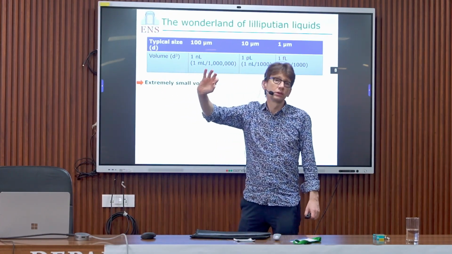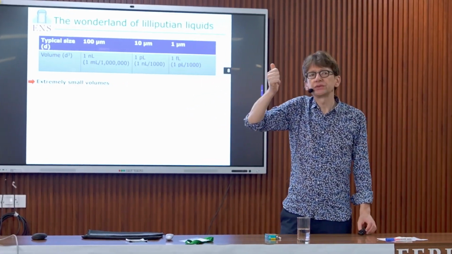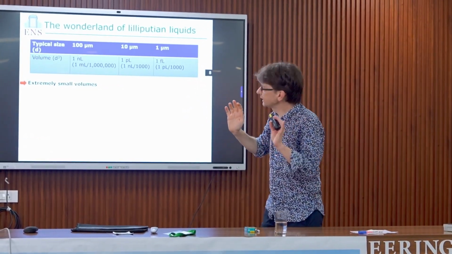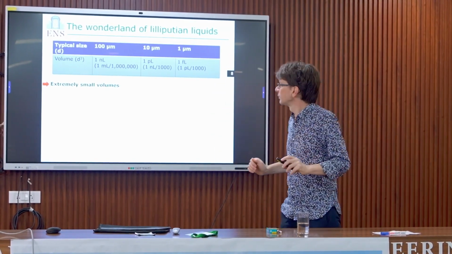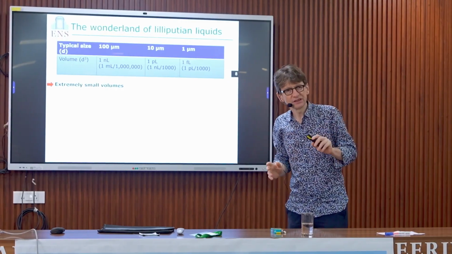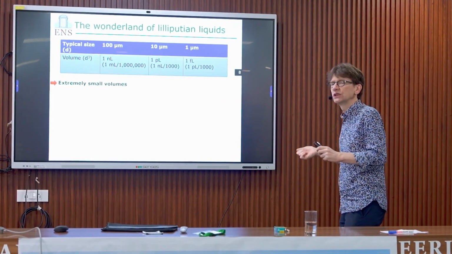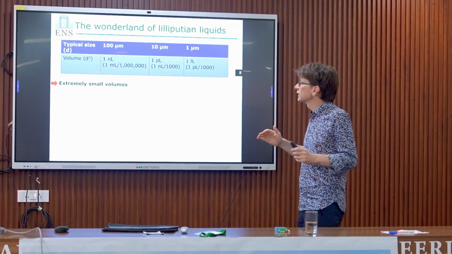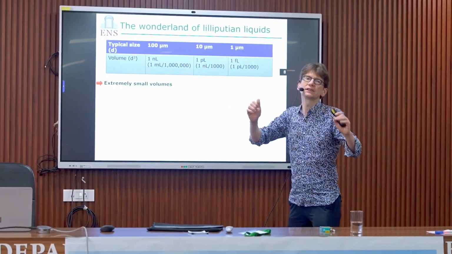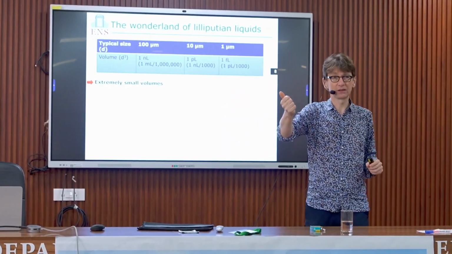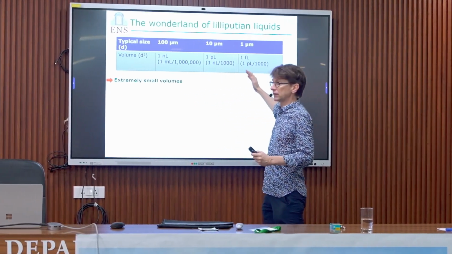Take micropipettes. If you are a very careful experimentalist, maybe you can manage 0.5 microliter. But maybe you saw during the hands-on experiment that it's not so easy even to manage 10 microliters. So here we are already 1,000 times smaller than the smallest volumes you can do with a micropipette, and this decreases dramatically.